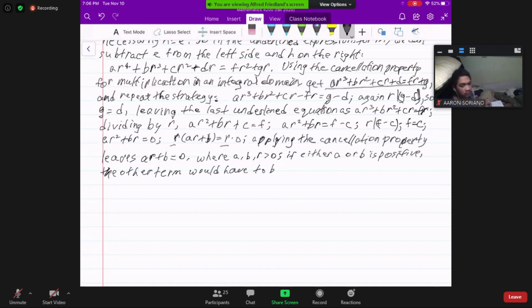Let me actually write: if AR, if either this term or this term is positive, the other term would have to be negative to add up to 0. So neither AR nor B can be positive.